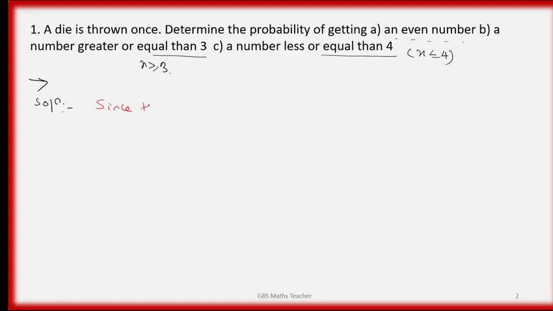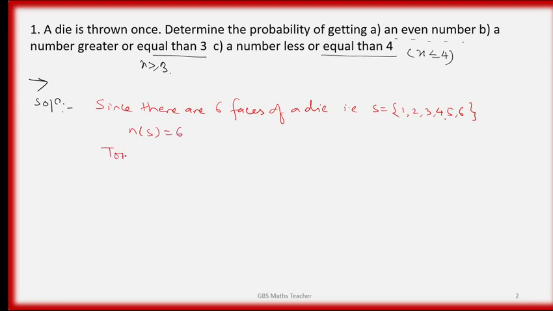Since there are 6 faces of a die, therefore the sample space is 1, 2, 3, 4, 5 and 6, and the number of elements in the sample space is 6.